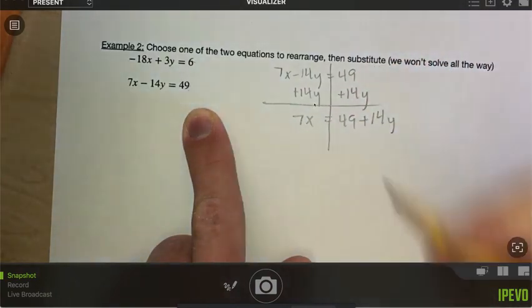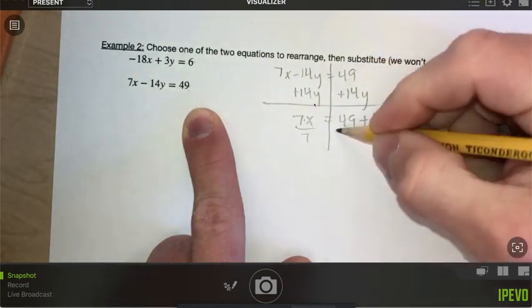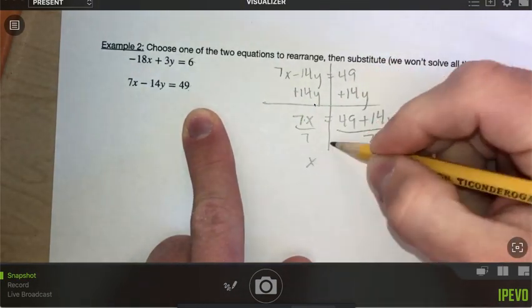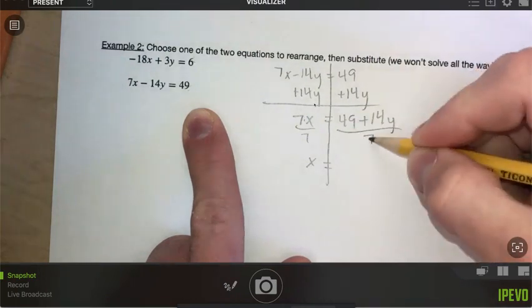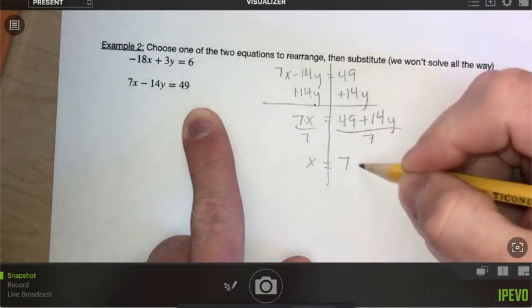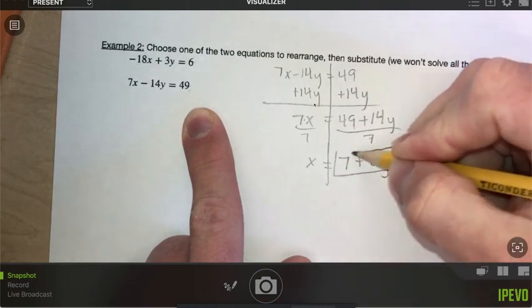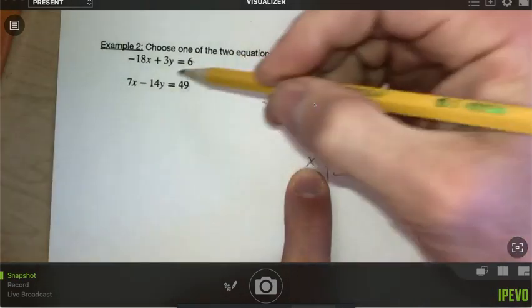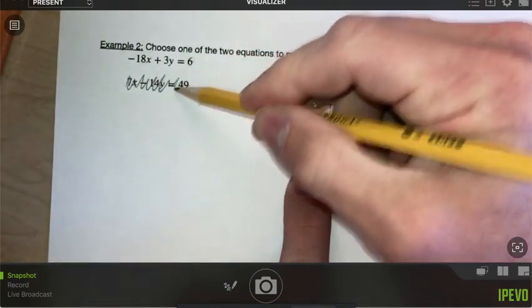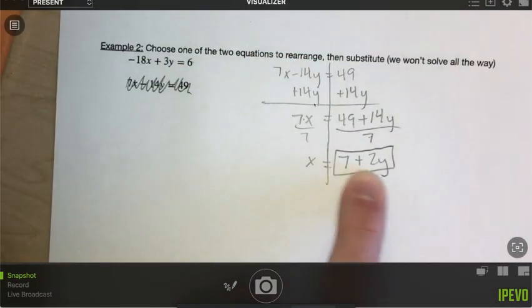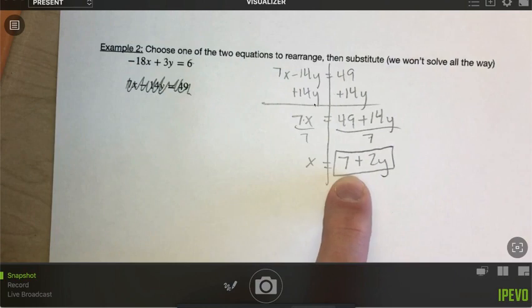And now I can divide both sides by 7. And I'm going to end up with x equals 49 divided by 7 is 7. 14 divided by 7 is 2. And so now I know that x is equal to something. This is the one I rearranged, so I'm going to ignore it because I have it in a much better format now.